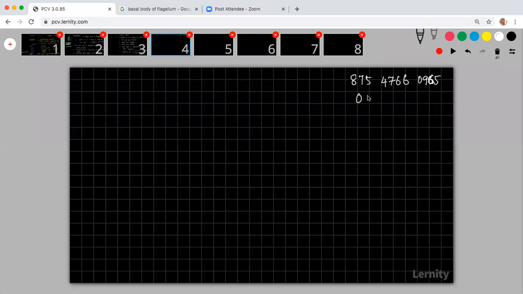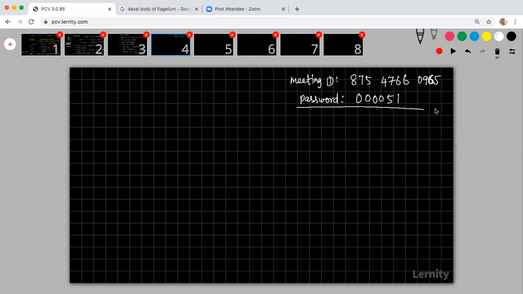The password will be 123451. This is the meeting ID. Password.